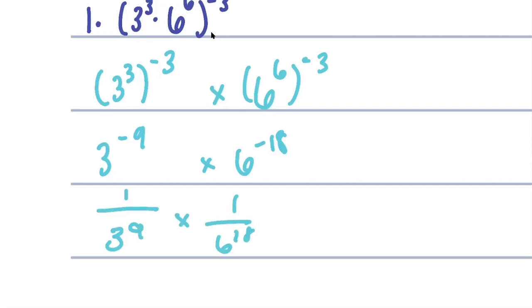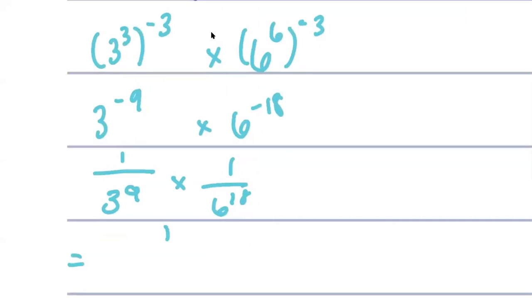Yep. And then what you can do is combine them over 1, and you get 1 over 3 to the 9th times 6 to the 18th. If you had this answer, that is correct. If you had this answer, that is also correct. So there are 2 correct answers. It just depends what you prefer. Any questions on that? Anyone need me to go through it again?